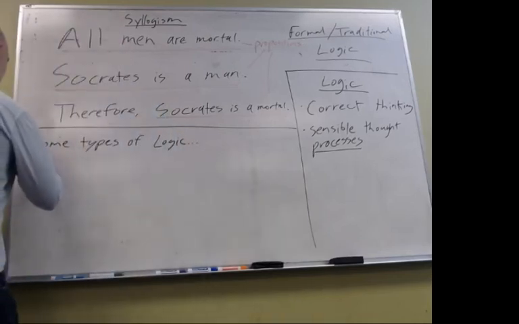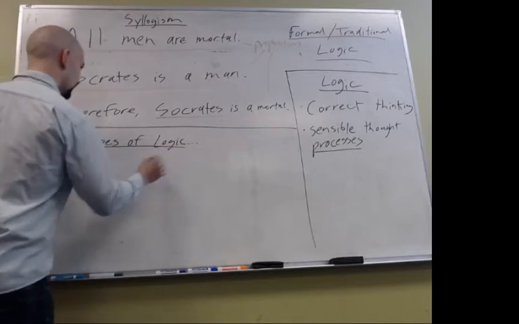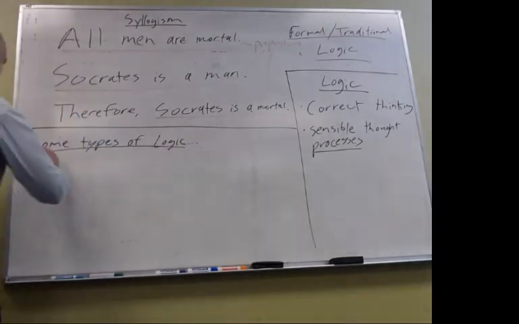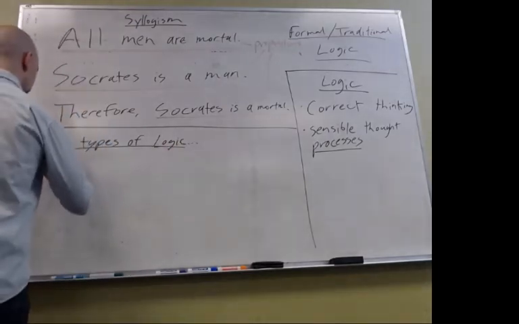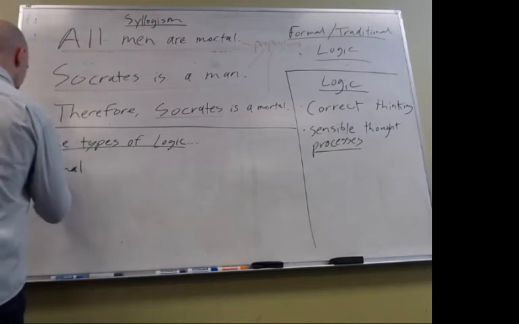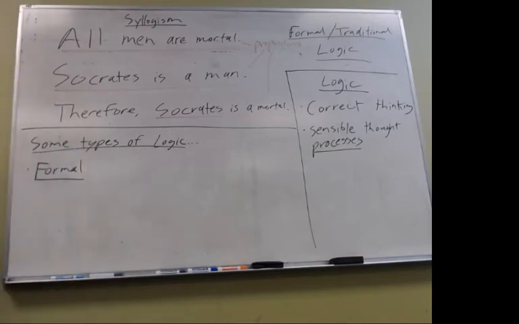So we've got what we're going to study, which is formal logic, or traditional logic. And that term form has to do with structure. What is the form of something? It's its structure. So like this statement here, we've got a definite structure: proposition 1, proposition 2, and then proposition 3, all working together to make a syllogism.